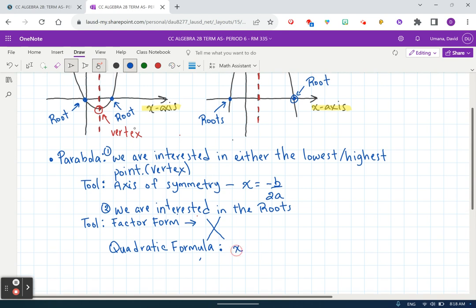And this is the one that reads x equals negative b plus or minus square root of b squared minus 4 times a times c, all over 2 times a.